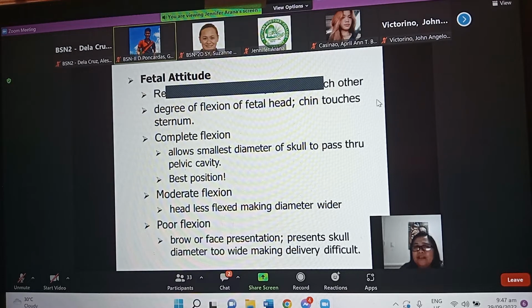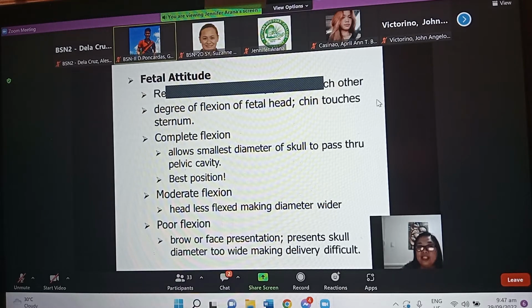Again, fetal attitude is the relationship of fetal body parts to each other, or the degree of flexion of the fetal head. We have 3 types of flexion or fetal attitude: the complete flexion, the moderate flexion, and the poor flexion.